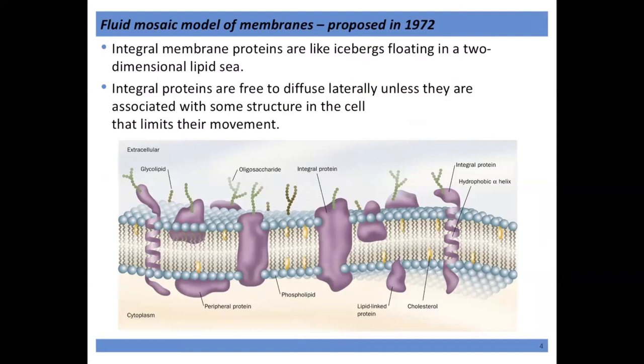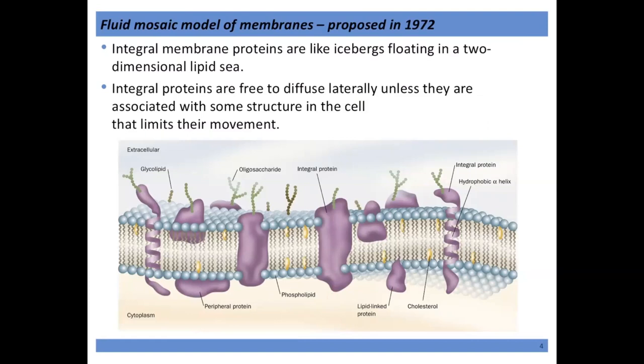So they're able to diffuse laterally unless they are attached to some interior element. So in some cases, they don't move or they're restricted, and we'll talk a little bit about that later. But from that previous experiment, we can see that they do have the ability to move.